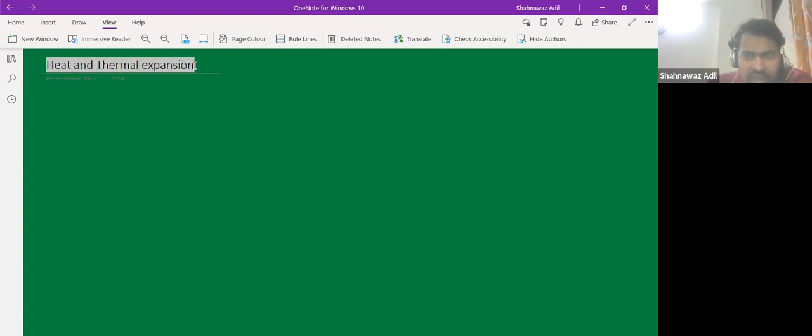So in the previous two chapters, what did we understand? We understood about the mechanical properties of solids. We understood about the mechanical properties of fluids. Right. In this chapter, we will talk about the thermal properties of matter.